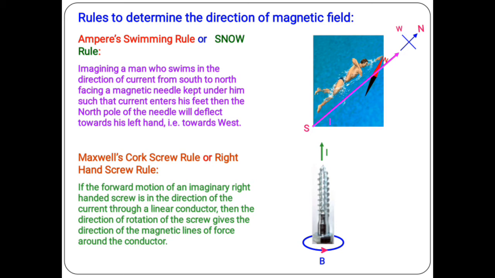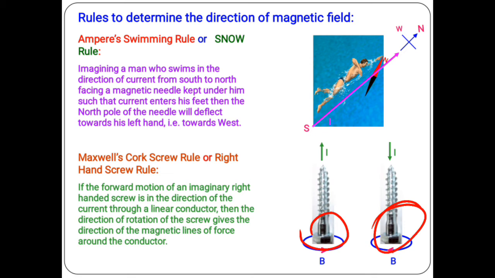To move a screw forward, we apply pressure and rotate it clockwise. If you rotate it anti-clockwise, it will loosen and move backward. This is the normal behavior of a screw.